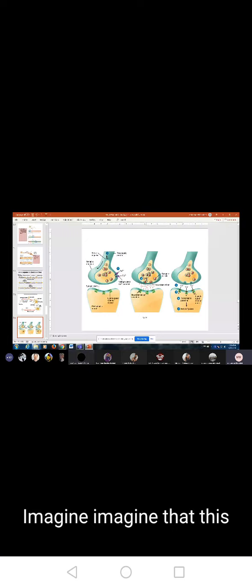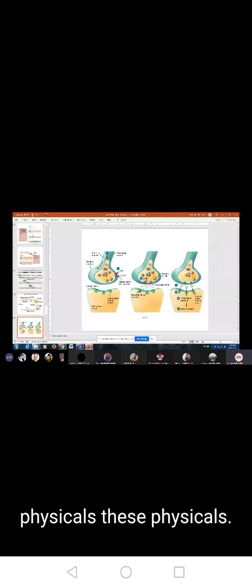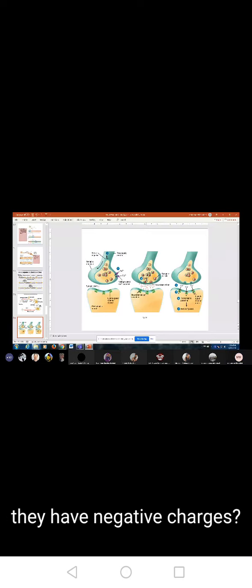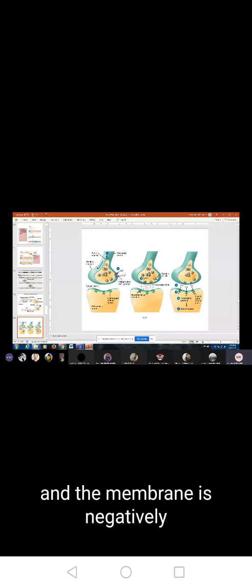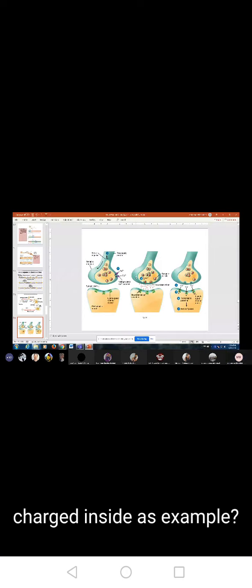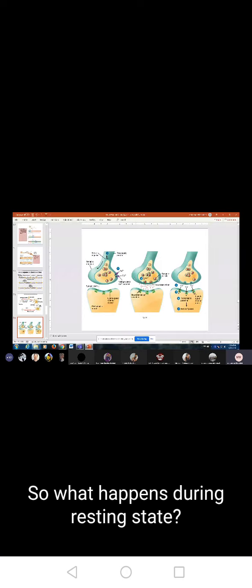Imagine that these vesicles are polarized vesicles, so they have negative charges, for example, over the surface. And the membrane is negatively charged inside, as an example. So what happens during the resting state?